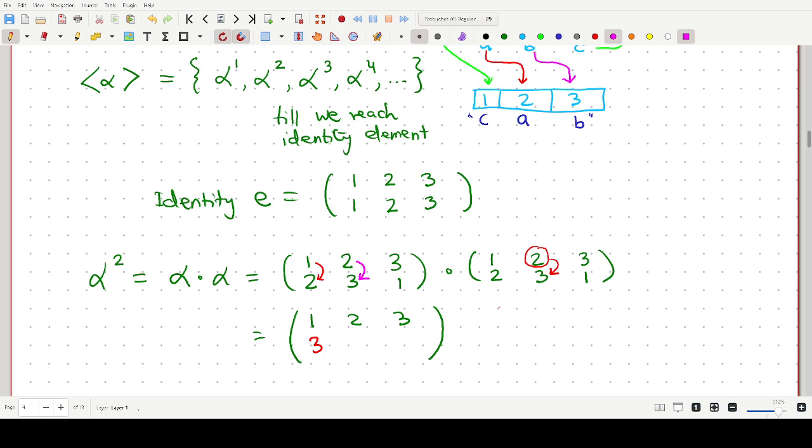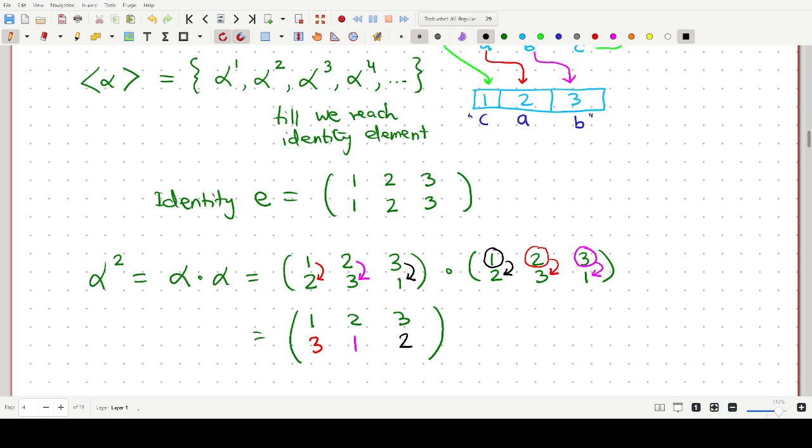This element is composed with another element in which the third position is taken to the first position. So ultimately 2 goes to 1. And finally, look at the third position, which goes to the first position in alpha, and the first position goes to the second position in the second alpha. So 3 goes to 2.